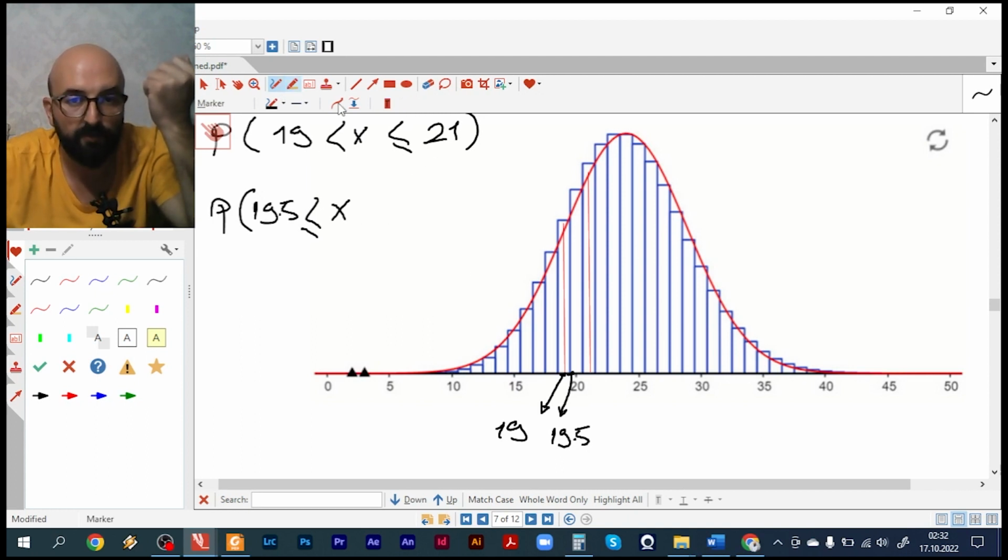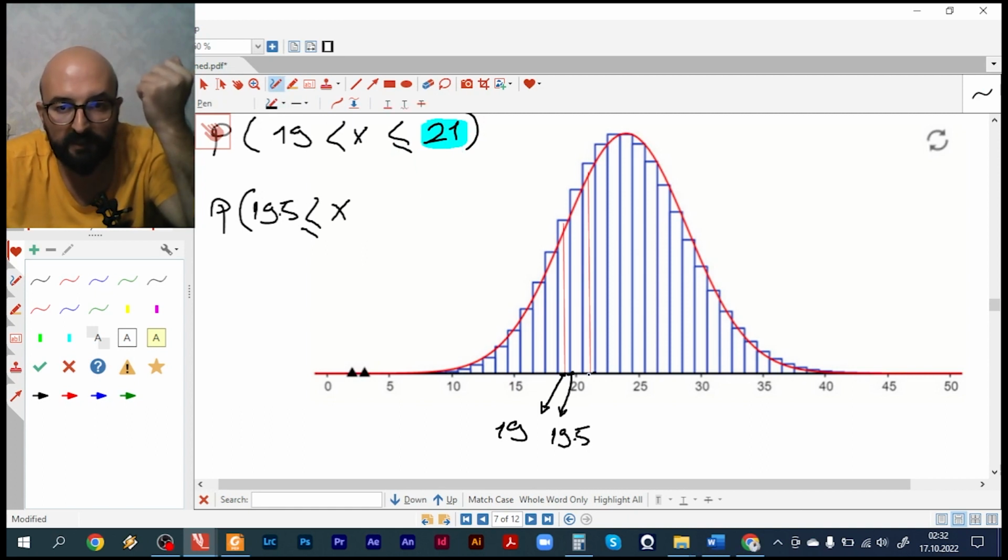But for the upper boundary, 21, we want to include 21, so we should use 21.5, because less than 21.5 includes 21.